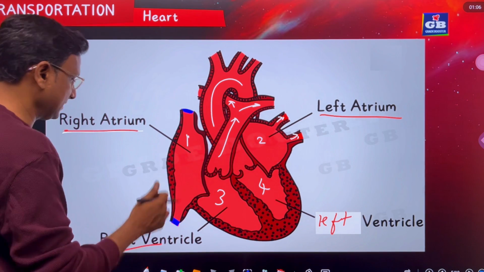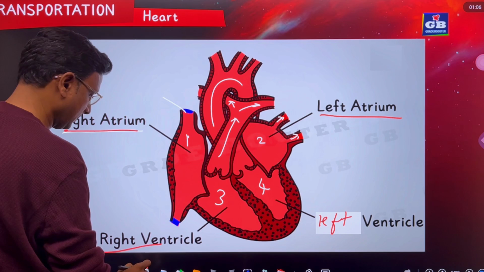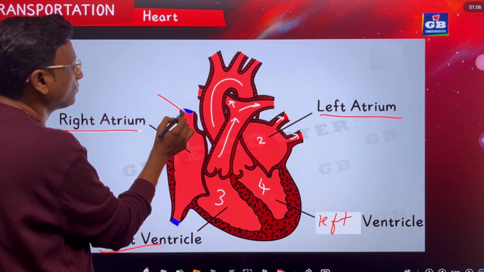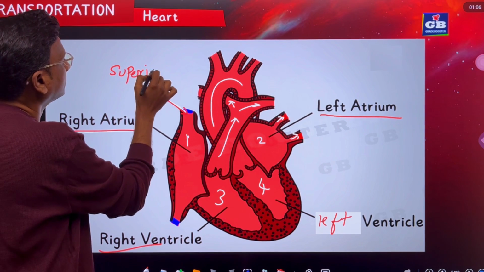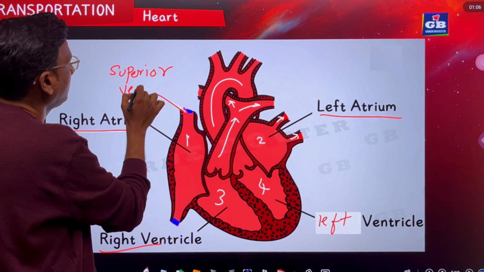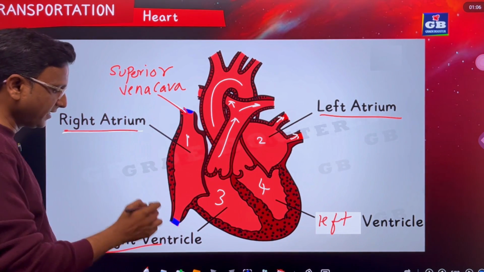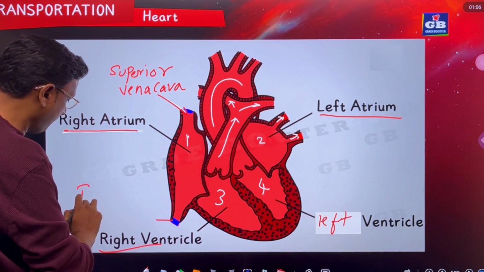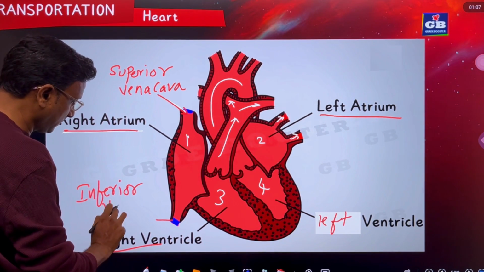So what are these blood vessels? This one is the superior vena cava. This is the inferior vena cava.